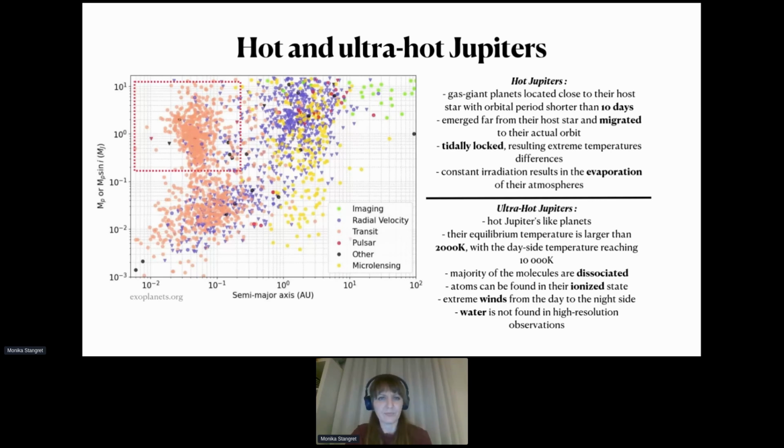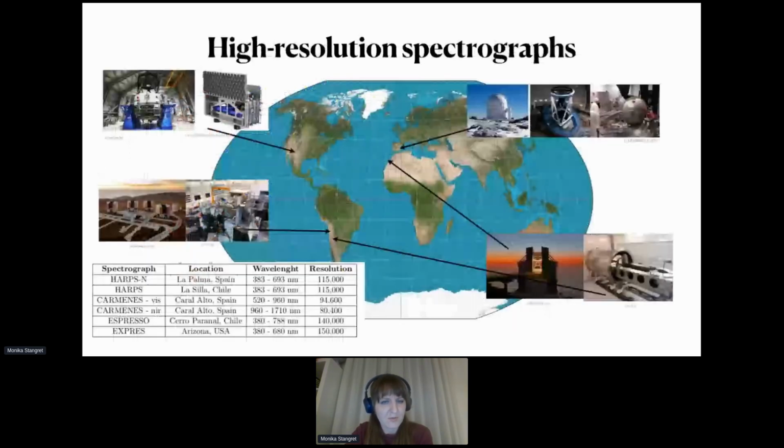And what kind of... First, what kind of spectrograph do we need to use for this observation? Because I am working mostly in the visible part of the spectrum, I'm using telescopes that have a visible range. So, for example, HARPS-N, located at the Telescopio Nazionale Galileo in La Palma, in the Canary Islands. Also, I'm using the ESPRESSO spectrograph located on the VLT, Very Large Telescope in Chile.